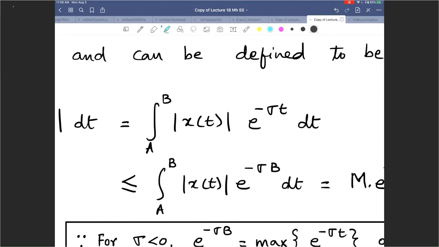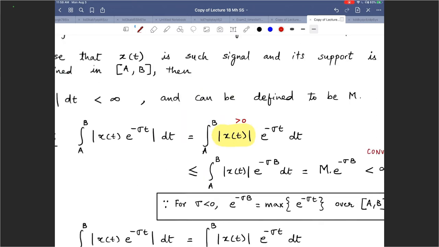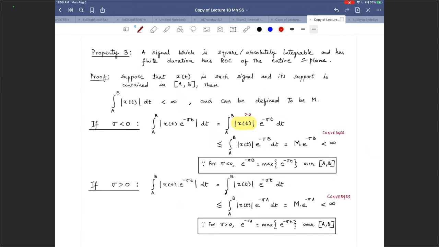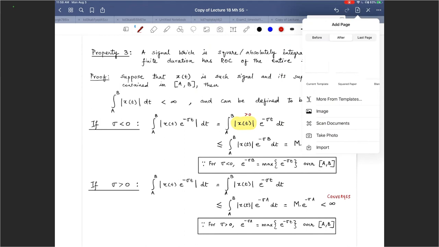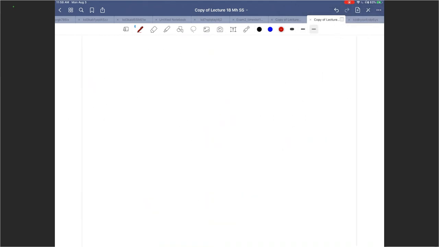This guy is an absolute, so it's always greater than 0 here. So think about this. Let me add a page here. If you do an integration exercise over time, it doesn't matter where you start and stop. Let's say a is here and b is here, right?